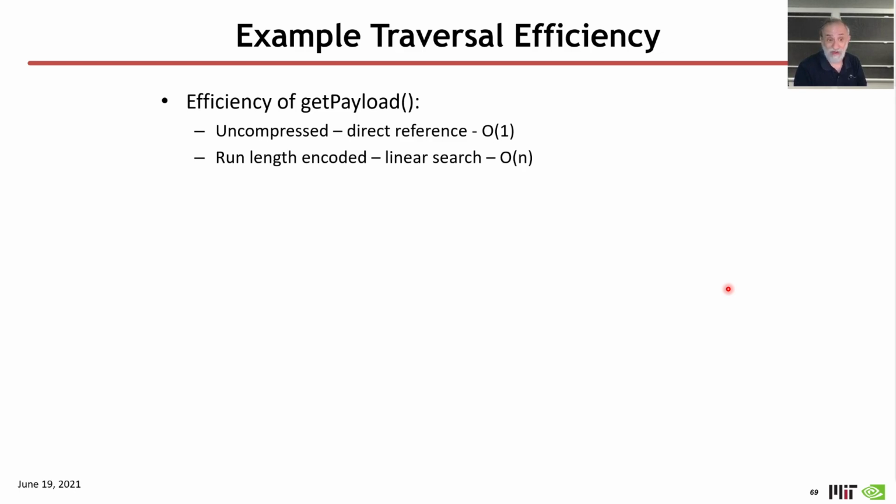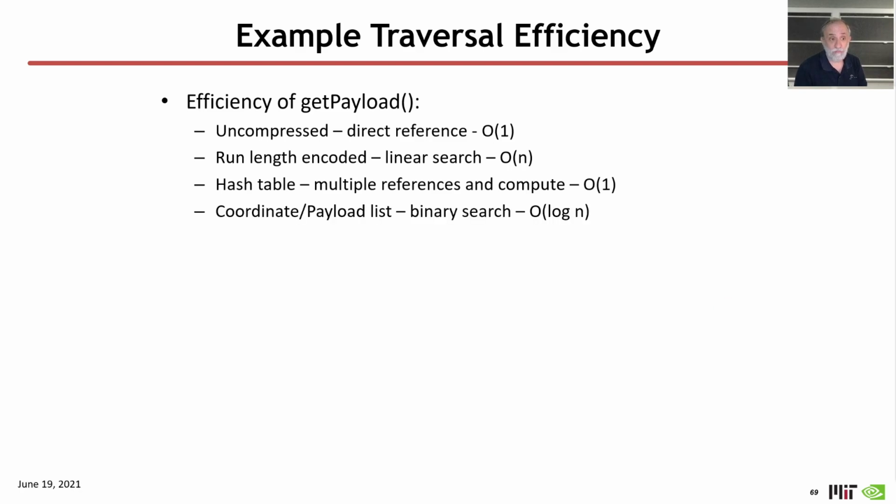So it's going to be order n. If I have a hash table, might just be a few references and a little bit of compute. So more or less, it's going to be order 1. Coordinate payload list, searching for a particular coordinate in an ordered list could be done with a binary search. So it's going to be order log n.